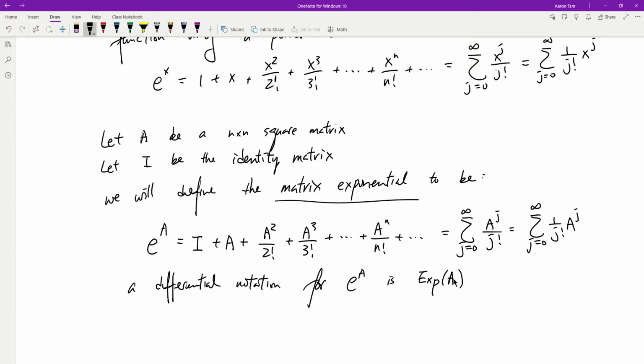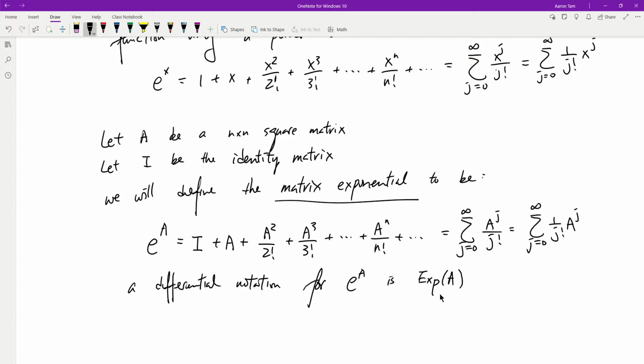In some cases it makes sense to use exp A because it is slightly different from raising a number to a power. When you say e to the x, or let's say e to 2, you can interpret it as e times e twice. But when you raise e to a matrix power, there's no such interpretation as to how many times I multiply e to form this.